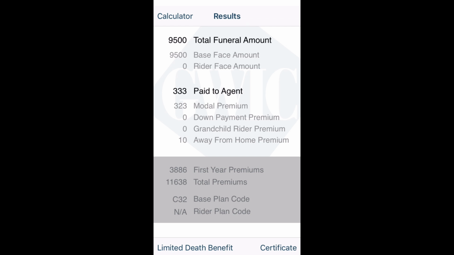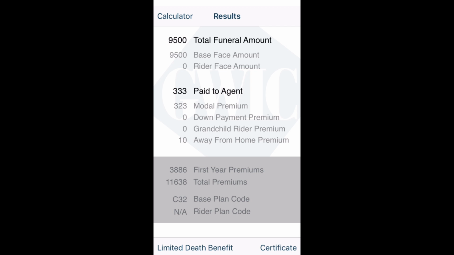That extra $10 right there is accounted for. It's accounting for the away from home rider. That $10 that I told you about is giving them an extra $500 so a total of $1,000 if they pass away out of town, because you have $500 automatically included, pay $10 one time, get $1,000 to help get you back should you pass away out of town.